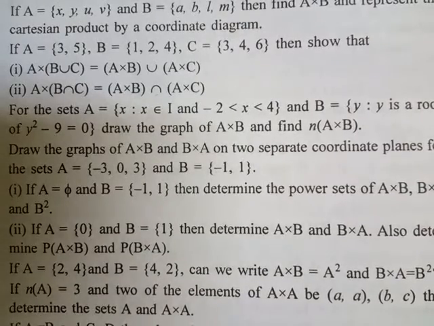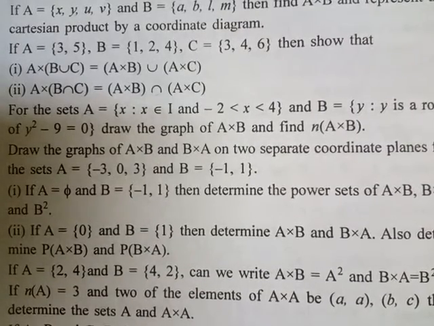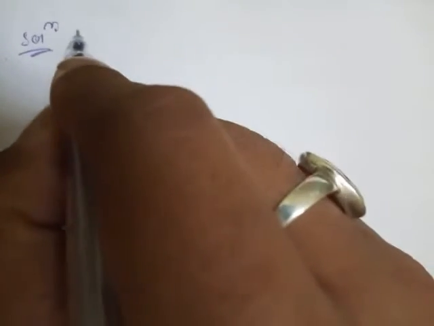This question number 5 I am now going to solve. Students, now I am going to solve this question number 5 of class 10 advancements exercise 1.2. First of all, I will write here solution. Then question number 5.